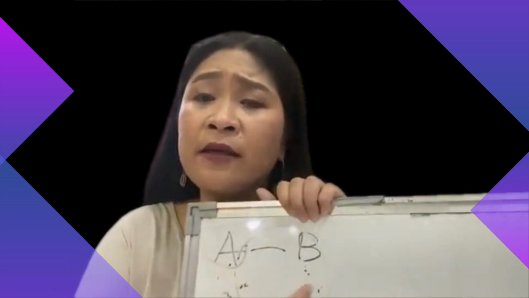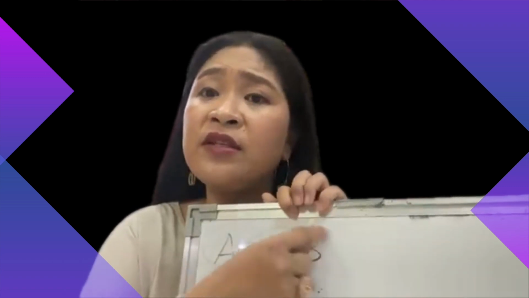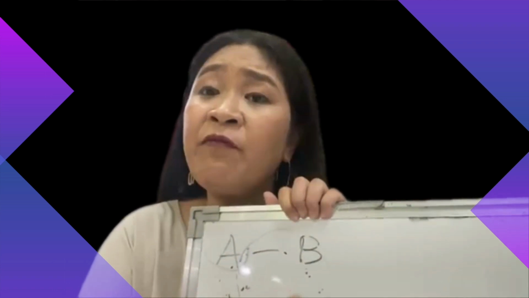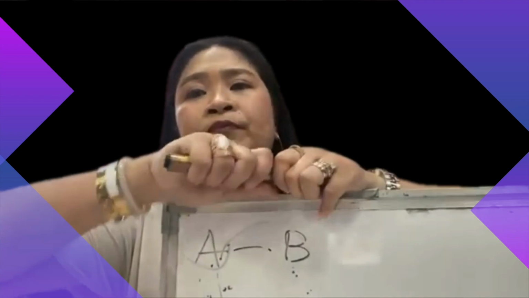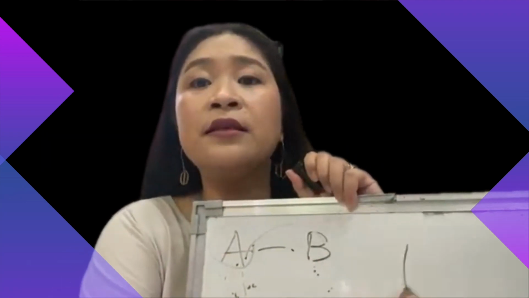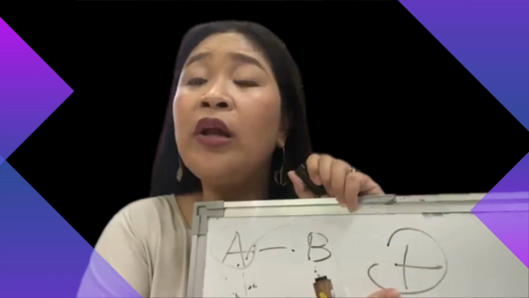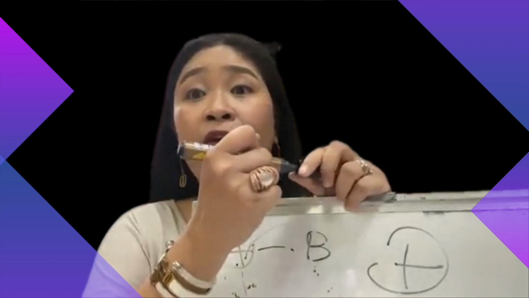A forced B to enter into a contract with him. Okay, so B now is the one whose consent was vitiated. If B has a creditor X, so X cannot file an action to annul the contract between A and B because he is a third party.